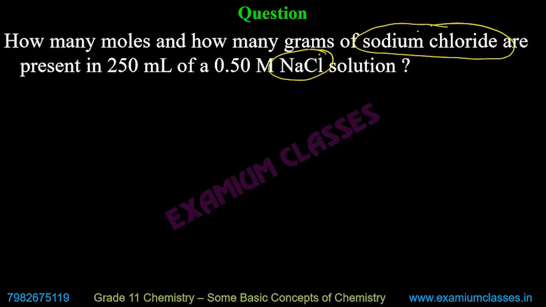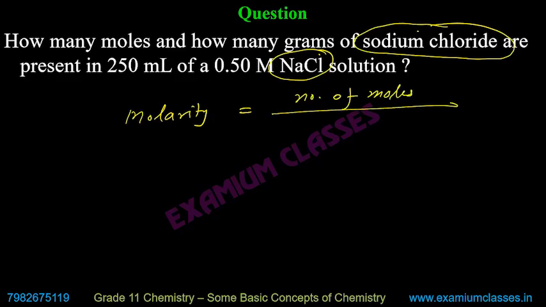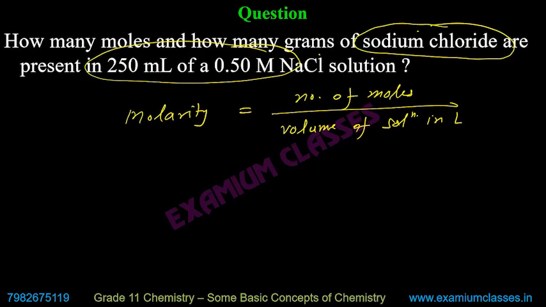Exactly. Because molarity is equal to number of moles of solute, obviously, divided by volume of solution in liters. And when it is given like this, the molarity is 0.50.